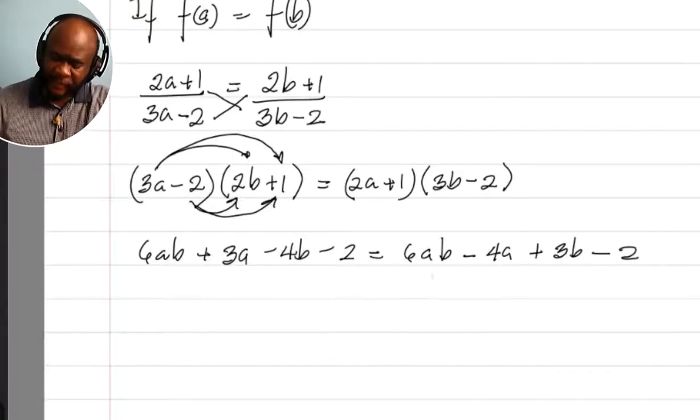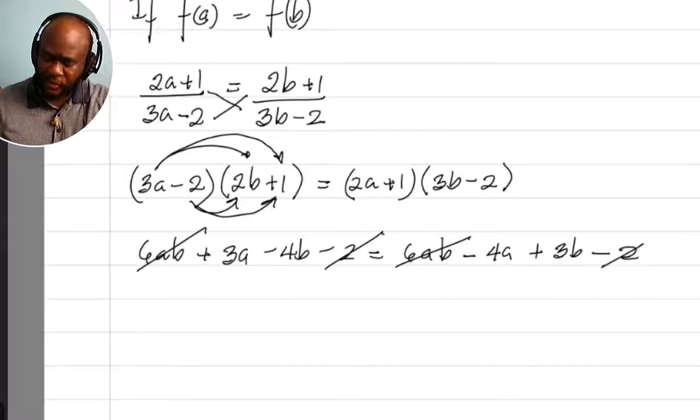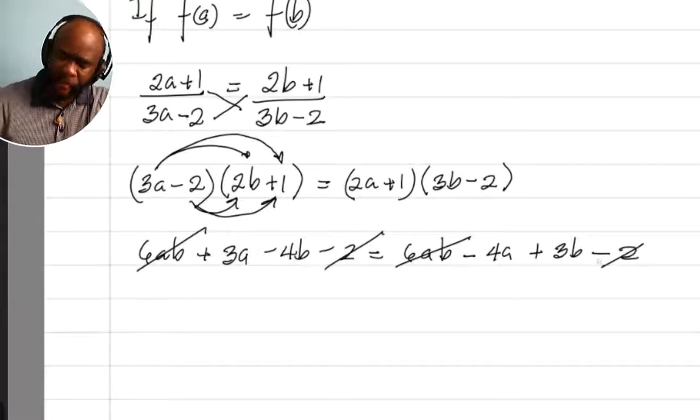We can see that the 6AB and the 6AB on both sides, the minus 2 and the minus 2, those go. Minus 2 come over and become plus 2. Minus 2 plus 2 is 0. 6AB minus 6AB is 0.